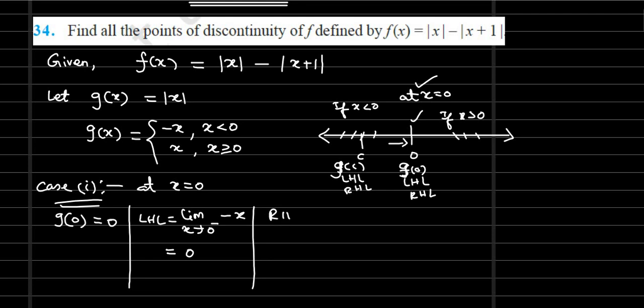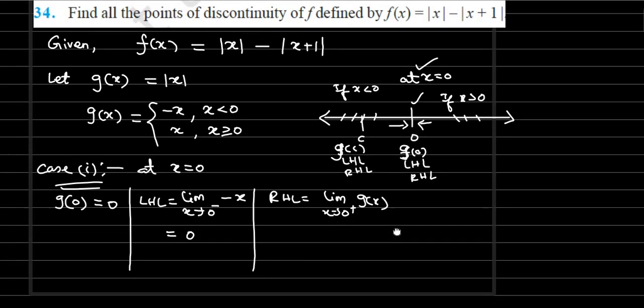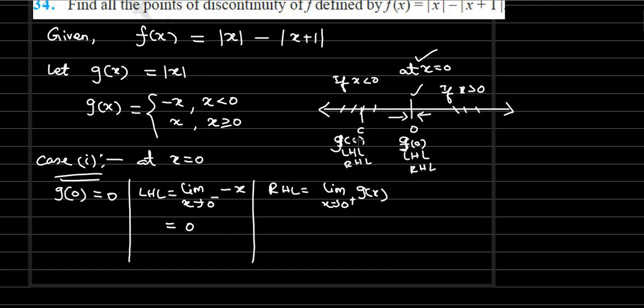Now the right hand limit: x is approaching 0 from the right side of g of x. Right side close values of 0 are approximately 0, but those values are greater than 0. So the suitable function is the second function, x, in place of g of x. Now applying the limit, what happens? 0.